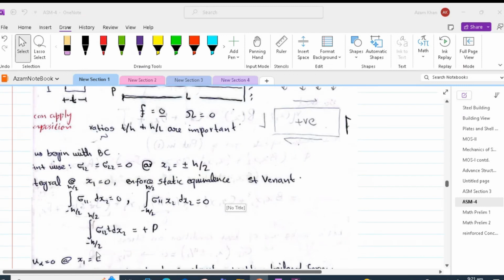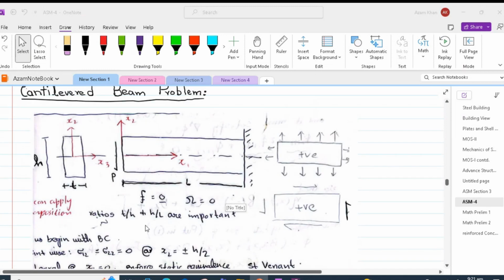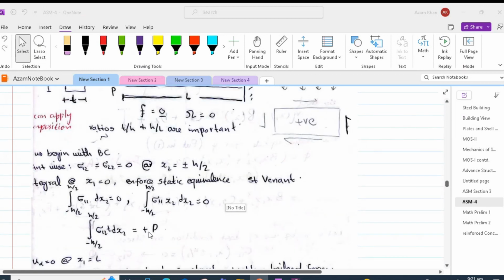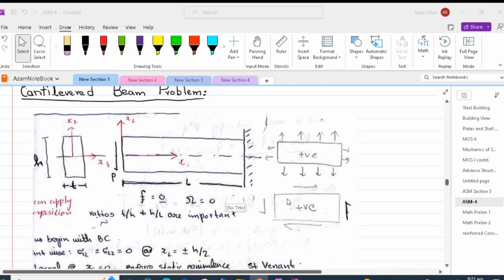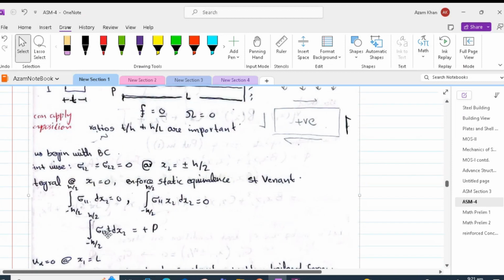So from minus h by 2 to plus h by 2 integral limit, we can write the integral of sigma 12 times t dx2 is equal to plus P. The reason we have used plus P is that this agrees with our sign convention.